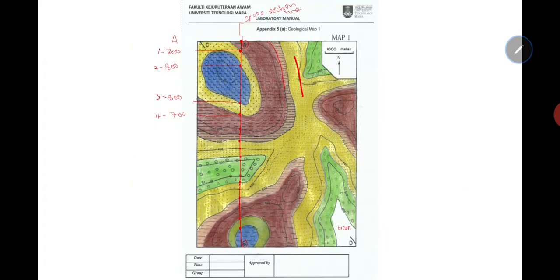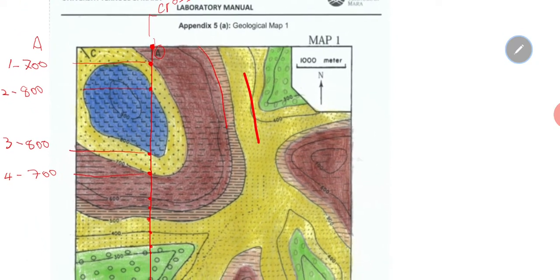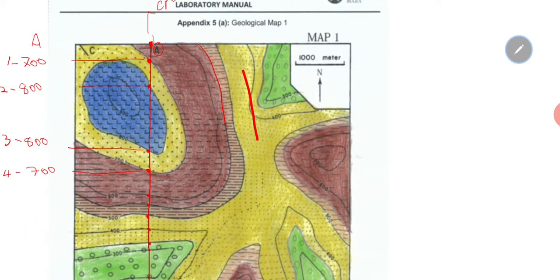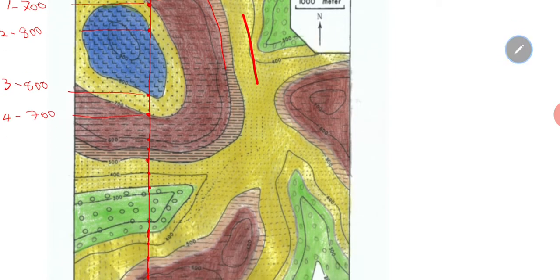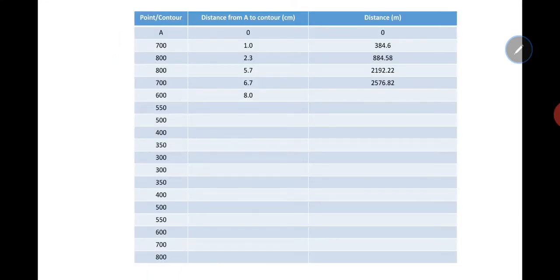Okay, what you need to do next is the measurement. Use your ruler and measure from A to marker 1. What is the distance in centimeters? Let me give you the example, from A to A0, because that is our origin.